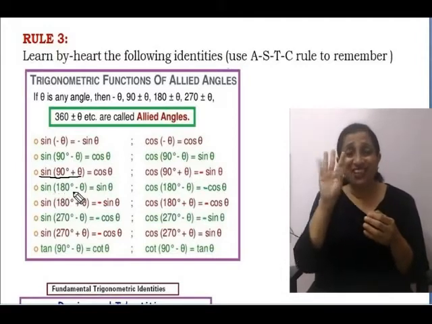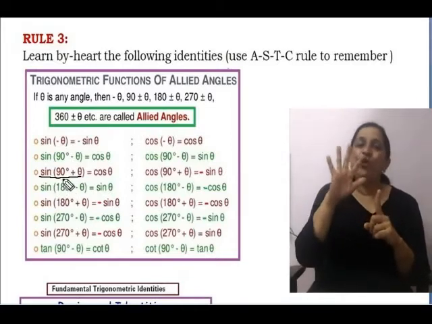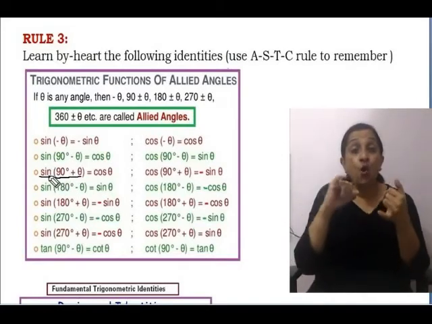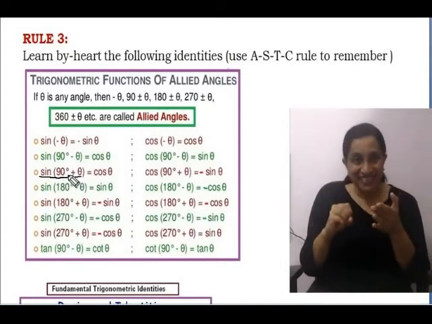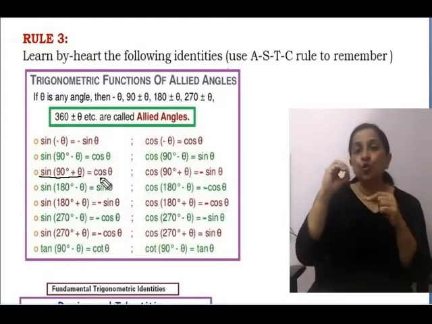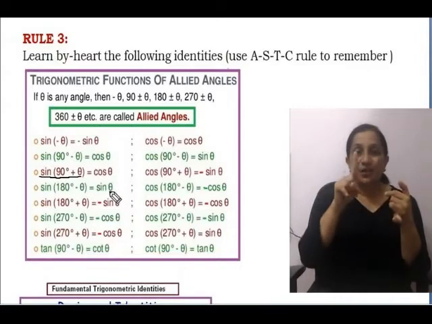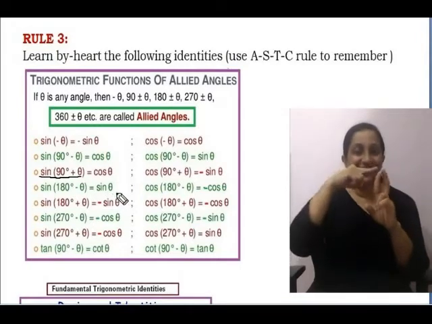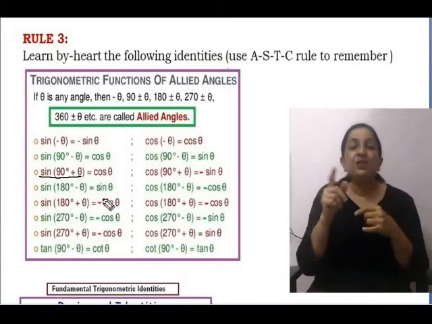Supposing you take sin 90 plus theta, that is for 135, it will be cos 45, which is same as sin 180 minus 45, which is equal to sin 45. Okay, because they are the same values.